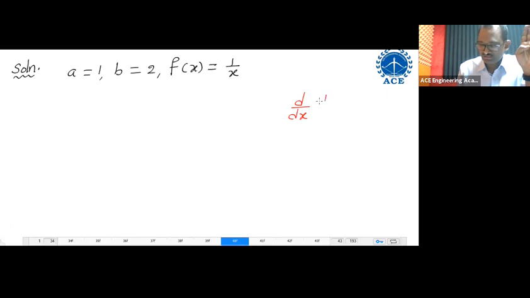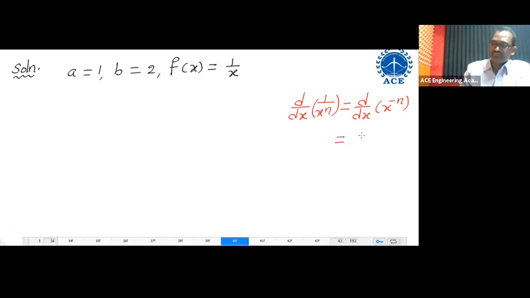d by dx of 1 by x power n, that is d by dx of x power minus n, is minus n into x power minus n minus 1, minus n into x power minus of n plus 1.